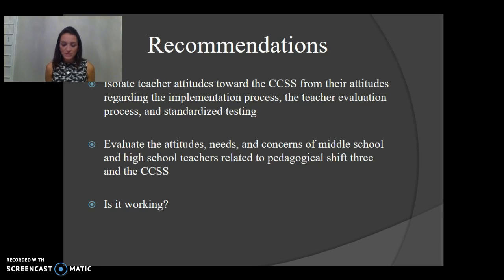So future research could seek to pinpoint specific attitudes toward pedagogy behind the Common Core and the instructional shift, as opposed to evaluating the implementation or teacher evaluation processes or high stakes testing. So again, it's important to find ways to better differentiate these different factors when evaluating teachers, and possibly going outside of a survey-based model would assist a researcher in doing that.